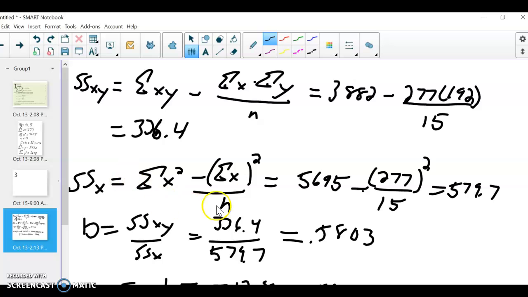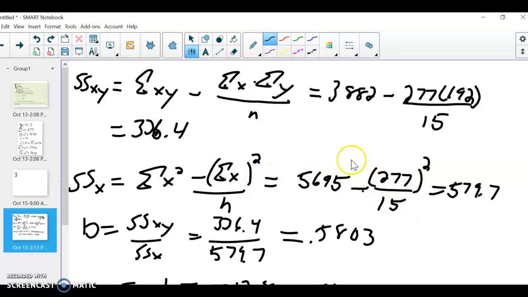Then you need to find SSX. Well, again, that's a formula on the formula sheet. Boom, there it is. So I need to find the sum of x squareds. Well, I found that number already. And the sum of x is the same as it was up here, only I have to square it. These two are not the same. Look, this is the sum of x squared, and this is the square of the sum of x. Not the same thing.